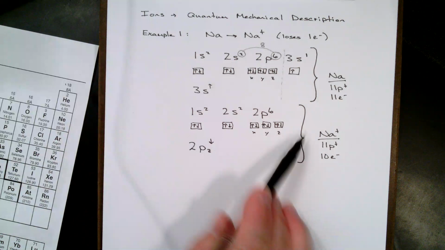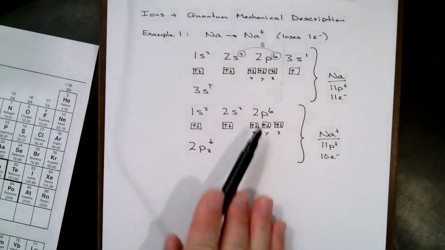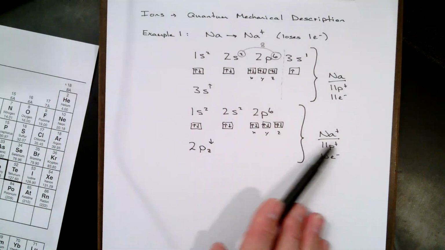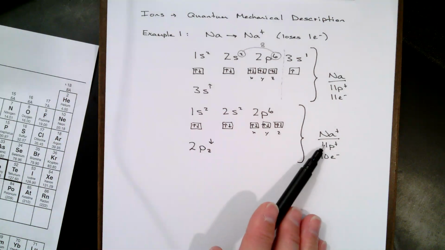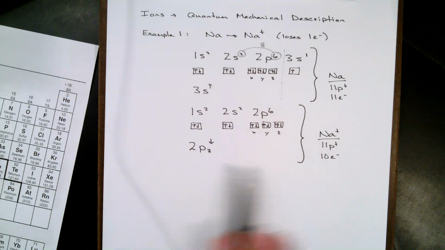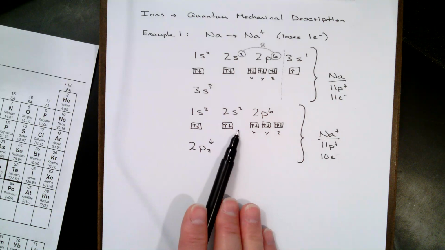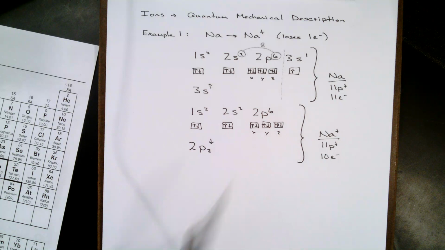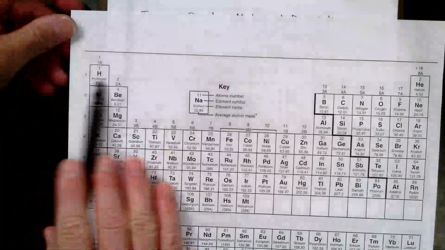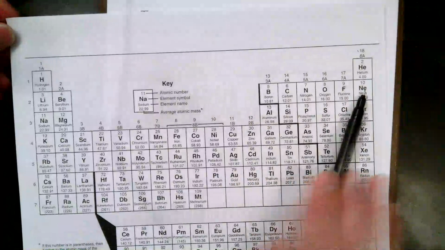Now, when we look at this structure, it's very important to point out that the inside still has 11 protons for Na+, but take a look at the outside. The outside of Na+ looks exactly like which atom? Well, if we go to the periodic table, and we know we have 1s2, 2s2, 2p6, 1, 2, 3, 4, 5, 6.